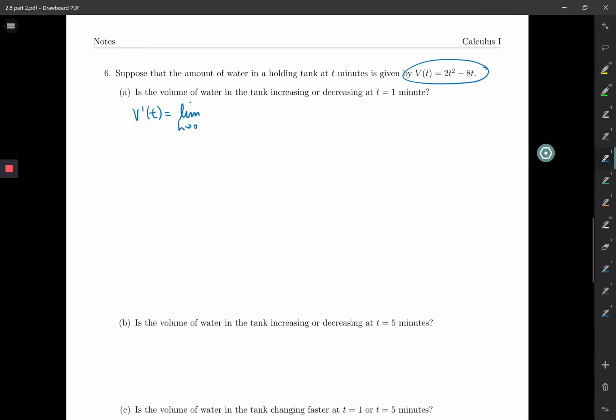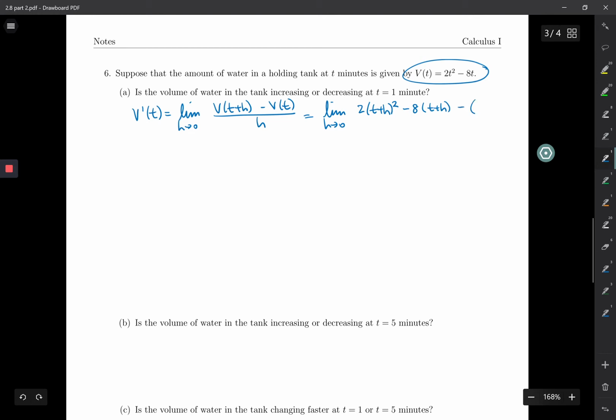This is the limit as h goes to 0 of v of t plus h minus v of t over h. And then we plug in t plus h, and then we also subtract 2t squared minus 8t.